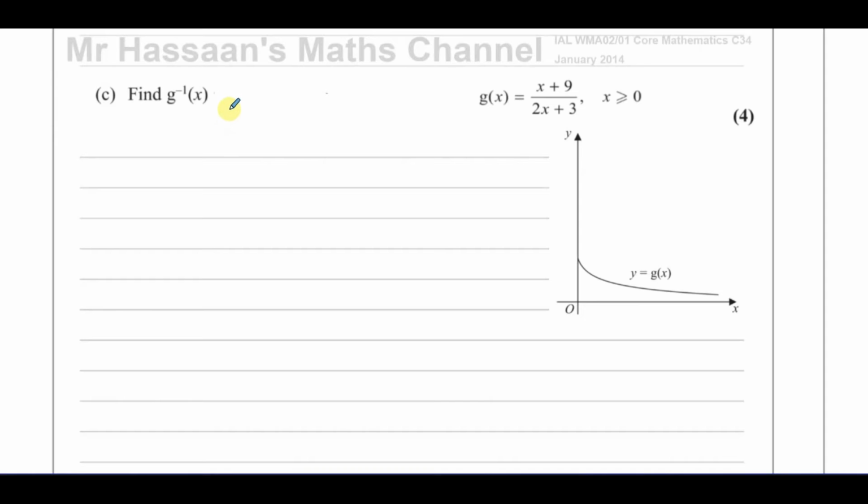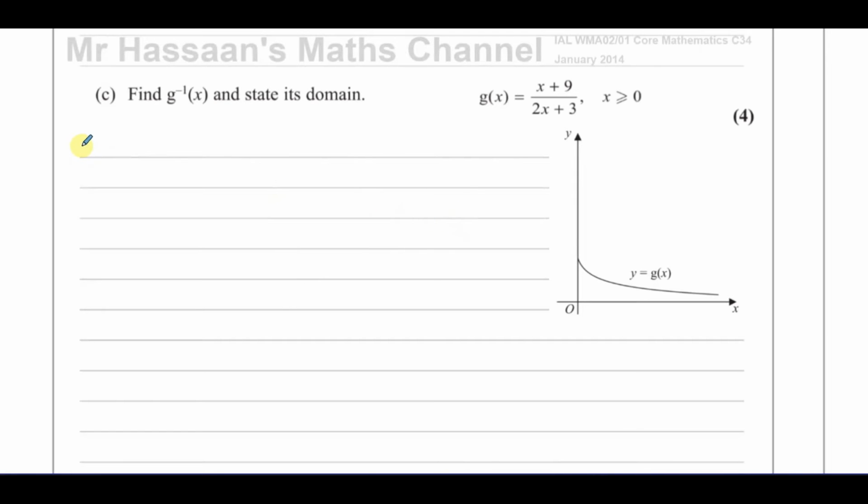In Cambridge, a lot of times they say, find an expression for the inverse of the function, which means they only want the expression, they don't want the domain with it as well. So it's very important for you to understand that. Whether it says this or it just says find the inverse, it means you have to do this anyway, basically. That's what you have to understand. Otherwise, you'll be liable to lose marks.